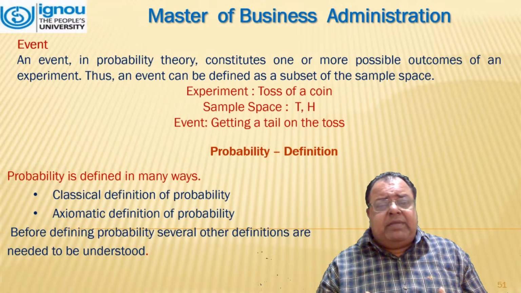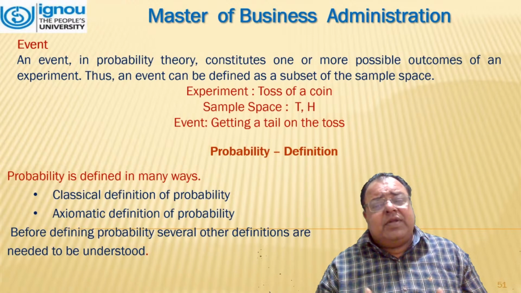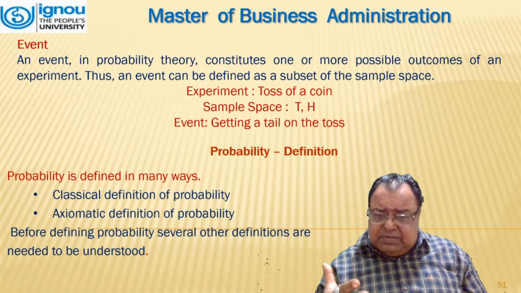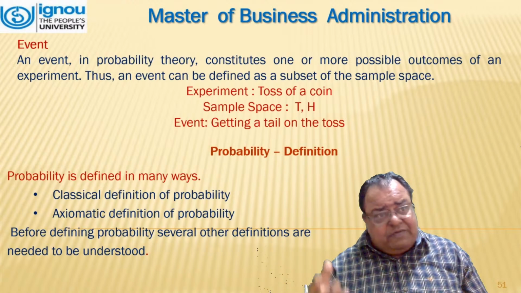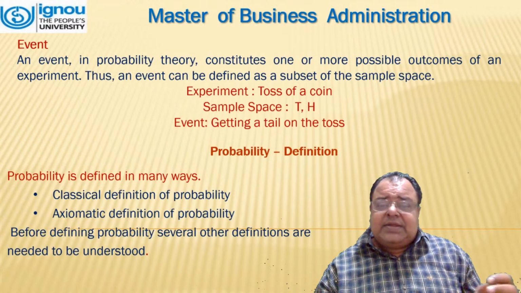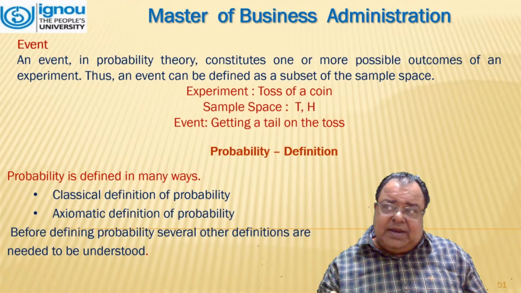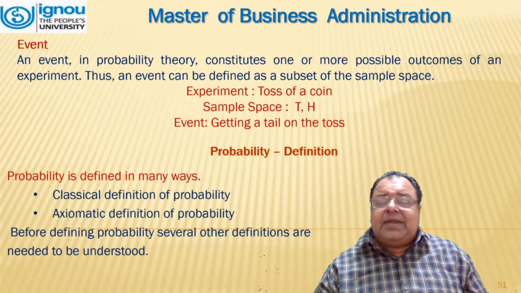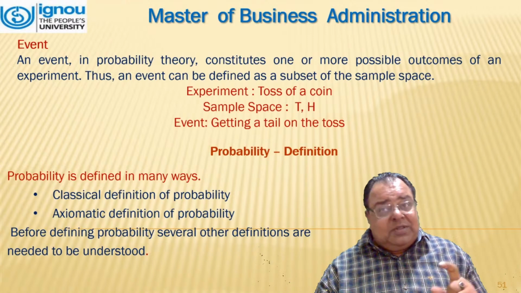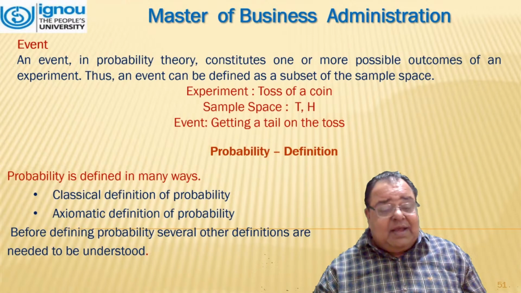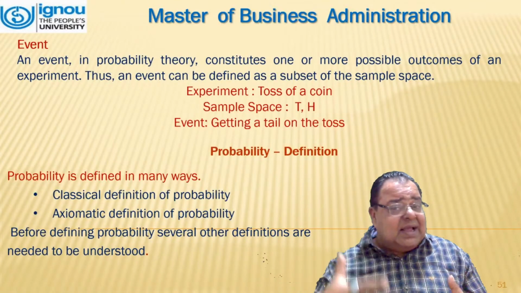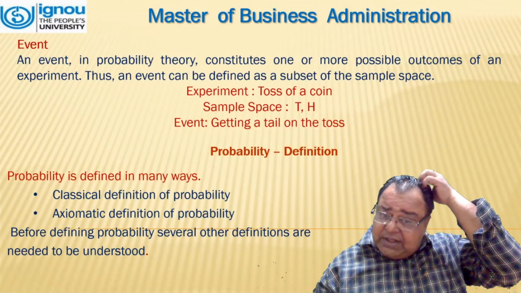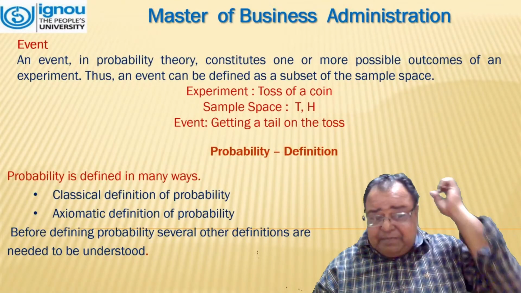Thus, an event can be defined as a subset of sample space. The experiment is toss of a coin, flip of a coin. Sample space is tail and heads. An event is getting a tail on the toss. Still, we are just in the phase of understanding the concept. We have not evaluated the probability as yet.